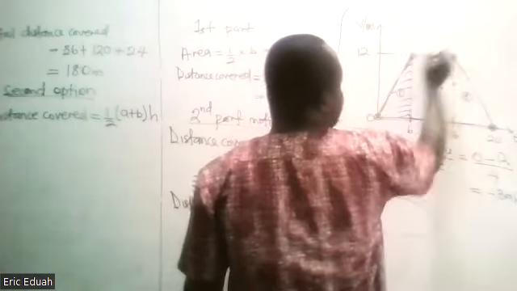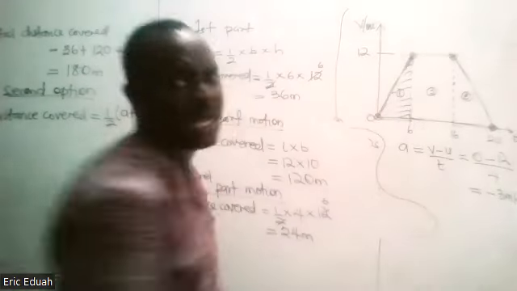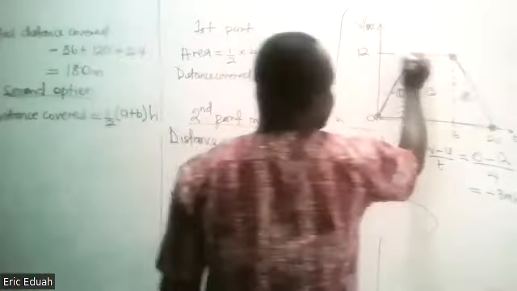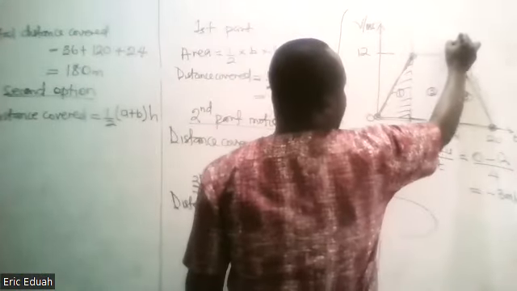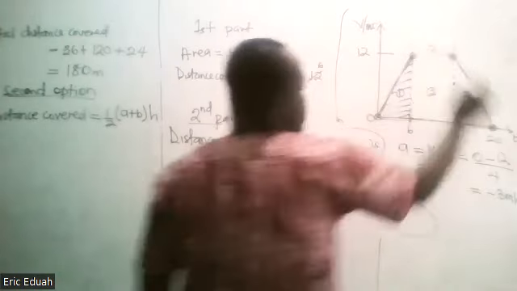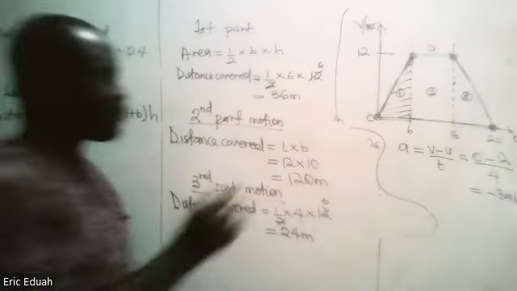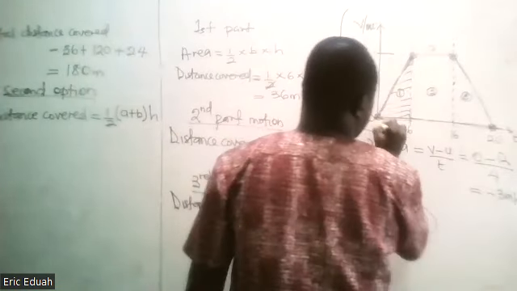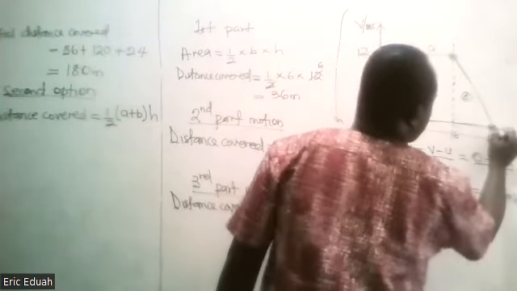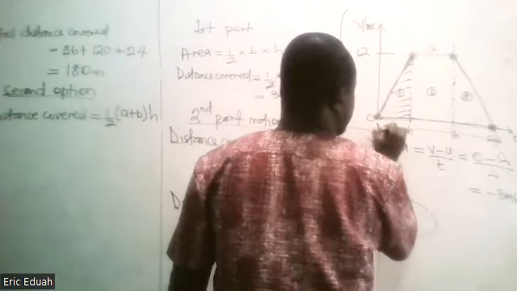These are the two parallel sides. This side and this side are the two parallel sides. A is the shortest among the two. From this point to this point is the longest. So this is B.